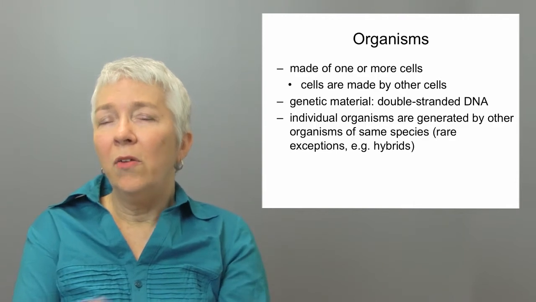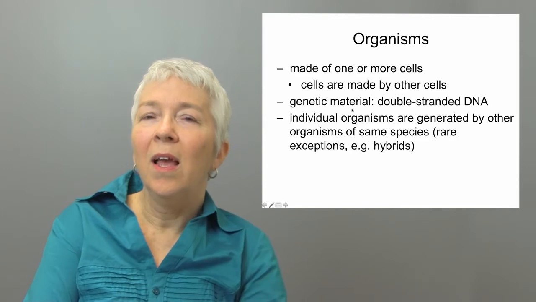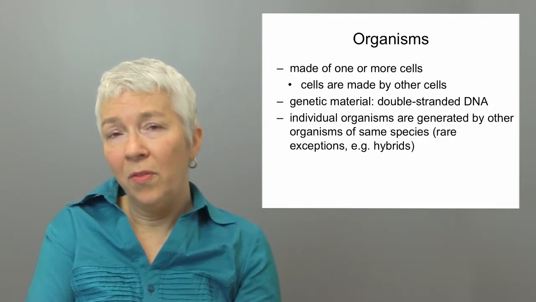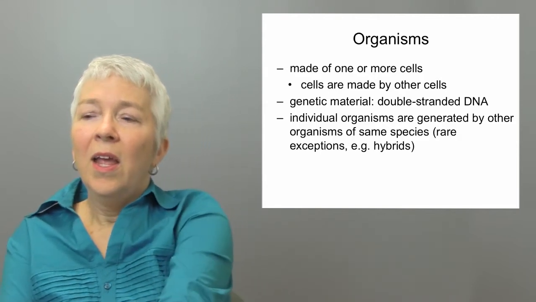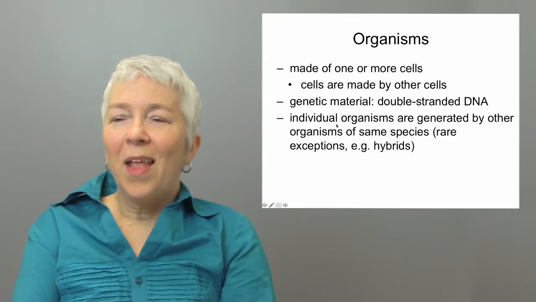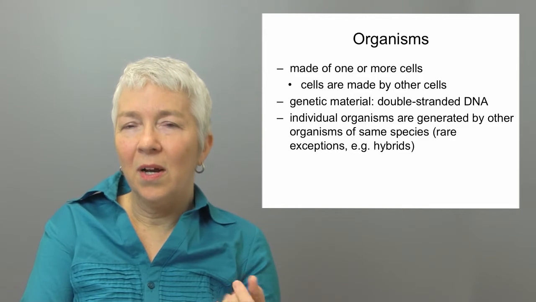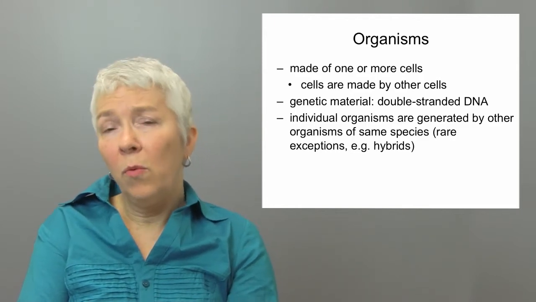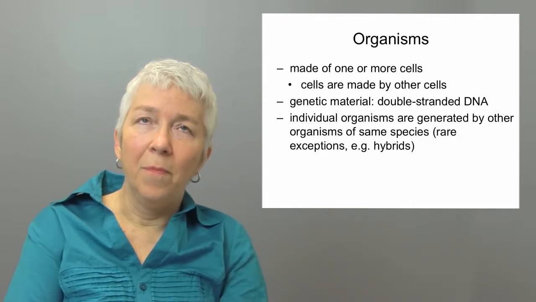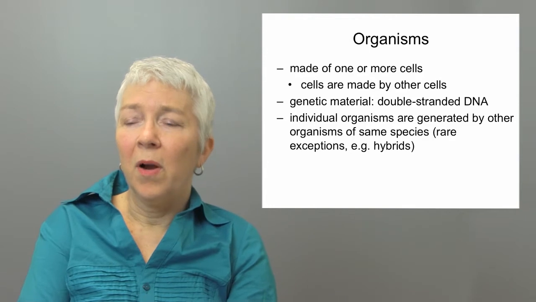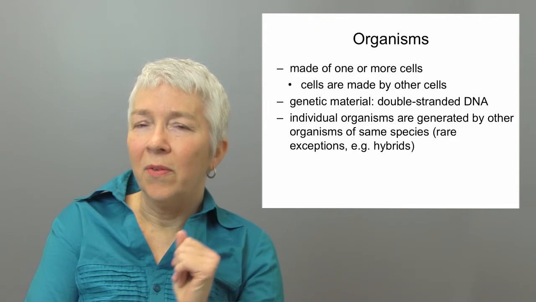Another common characteristic shared by all organisms is that we all share the same genetic material, meaning double-stranded DNA. You learned a lot about this in your earlier biological classes. And individual organisms are generated by other organisms, and specifically by organisms of the same type or the same species. There are rare exceptions to this, for example, hybrids, and we'll be talking about this when we talk about definitions of species and the process of speciation, but generally individual organisms are generated by other organisms of the same species.